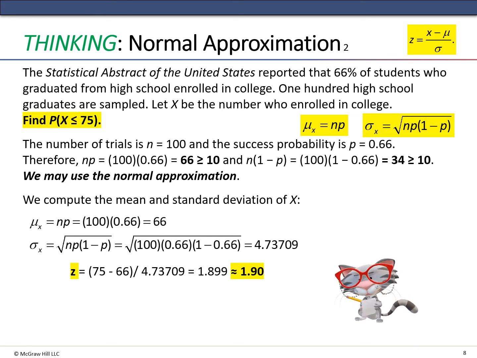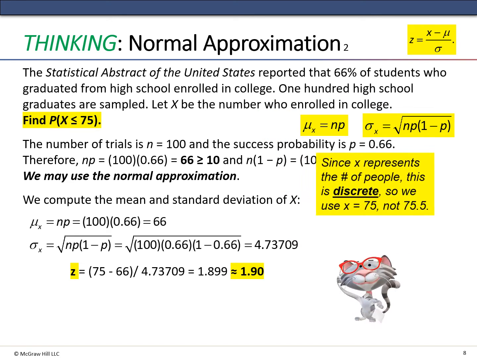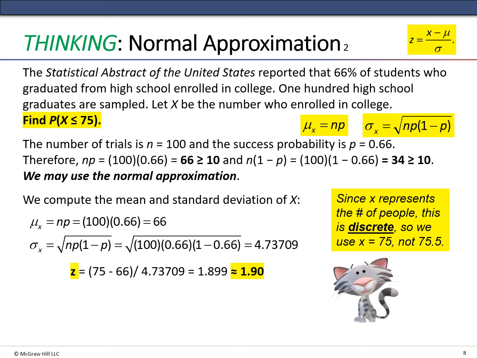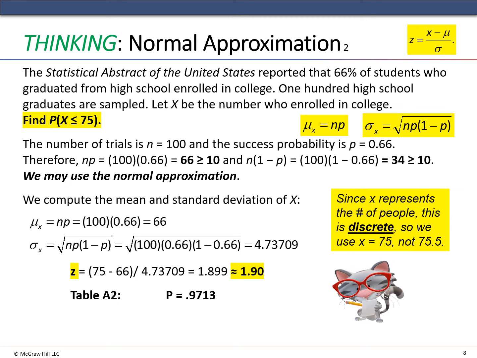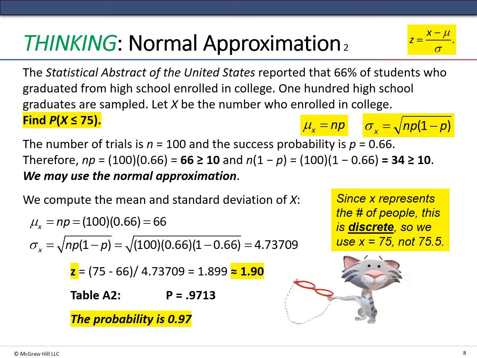So in this case, we didn't have to do the 75.5, okay? When we look in table A2, we get 0.9713. So we have a 97% probability that the number of students who enroll in college will be less than 75.